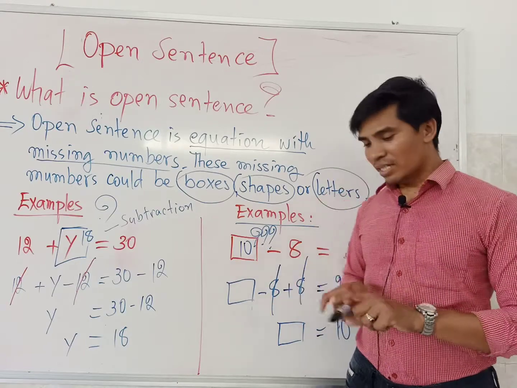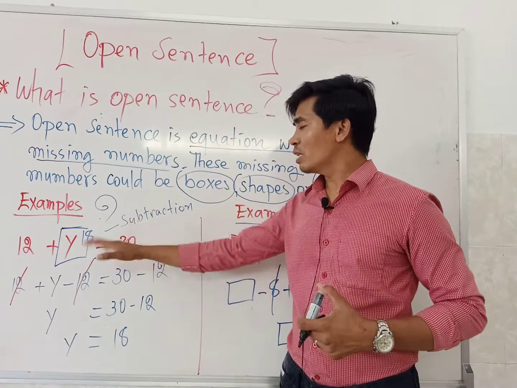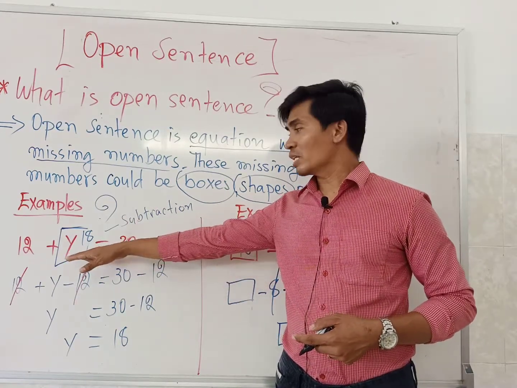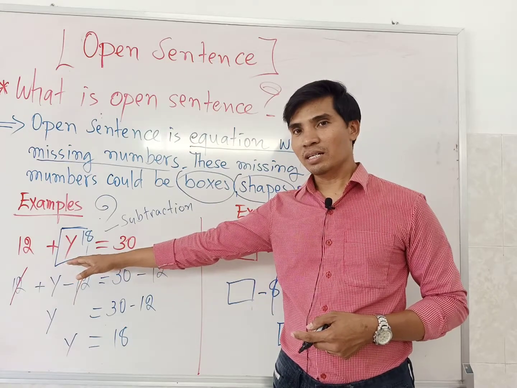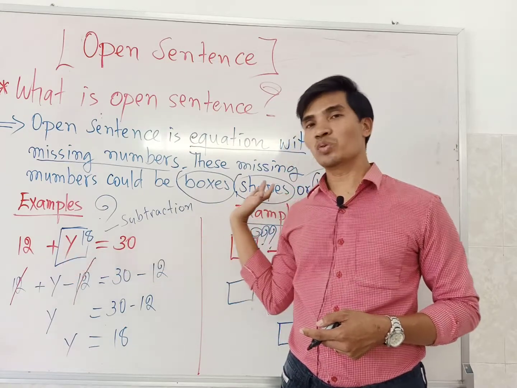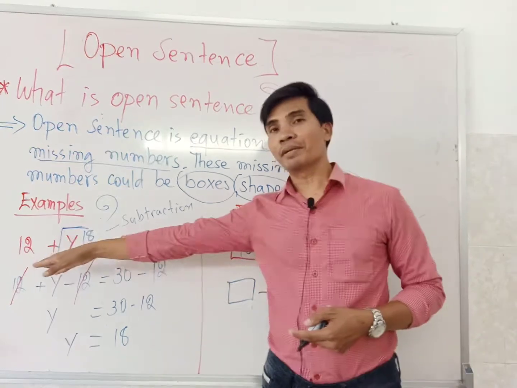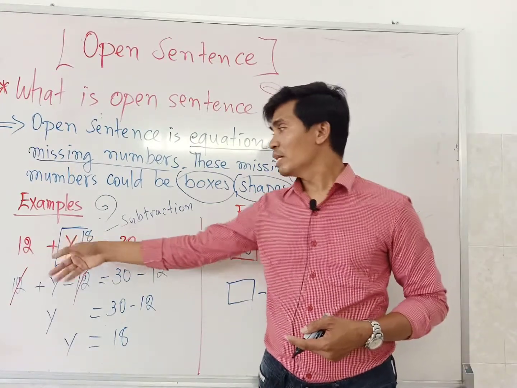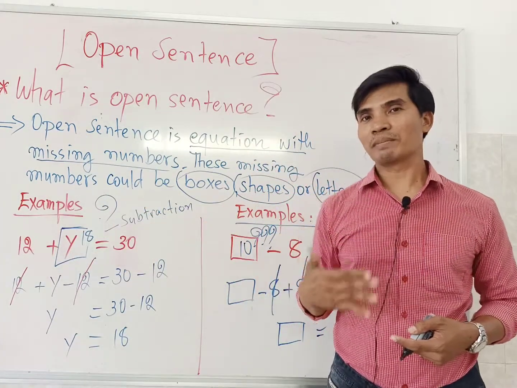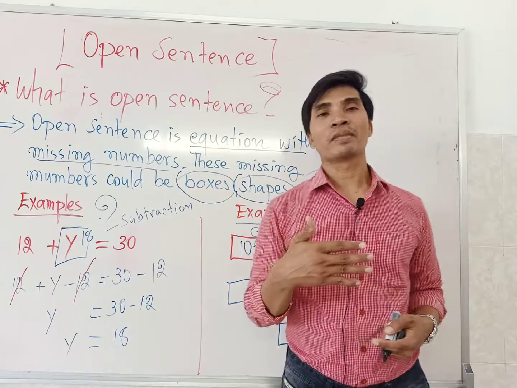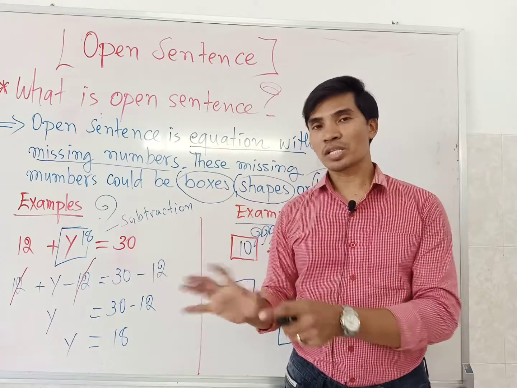So again, to say it in short: when you see an equation and one side is replaced by a box, a letter or a shape, you have to look at the sign of the missing number. When it is positive, you have to use the subtraction method, because we have to remove those numbers away.